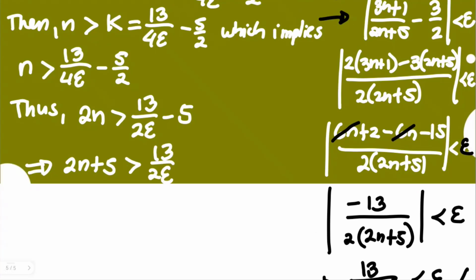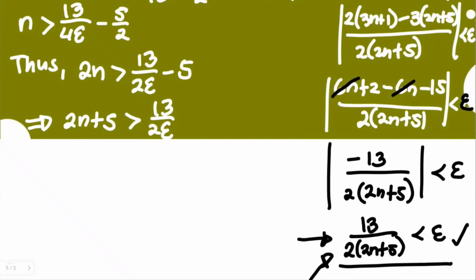As we multiply both sides by a certain factor, let's say twice epsilon over 2n plus 5, to isolate epsilon on the left hand side, you have twice epsilon is greater than 13 over 2n plus 5.